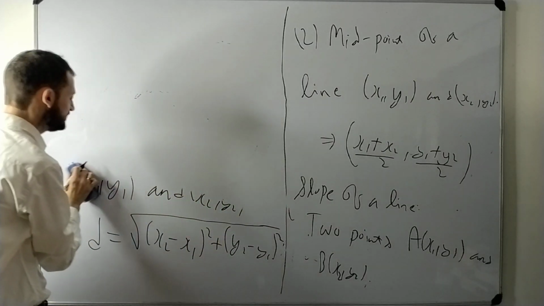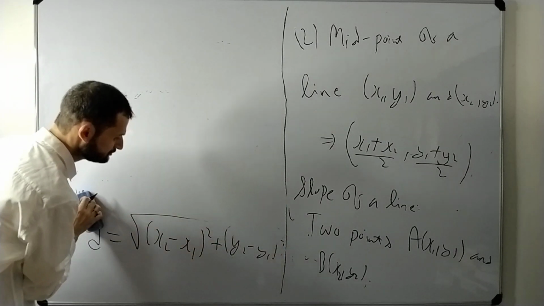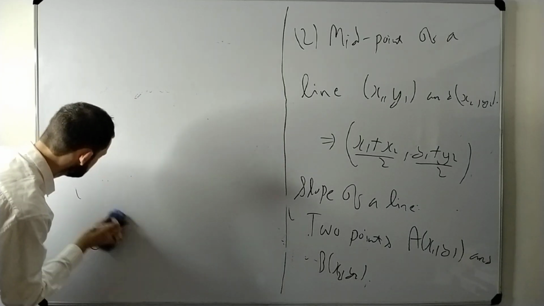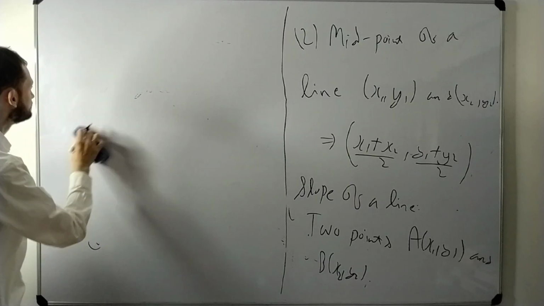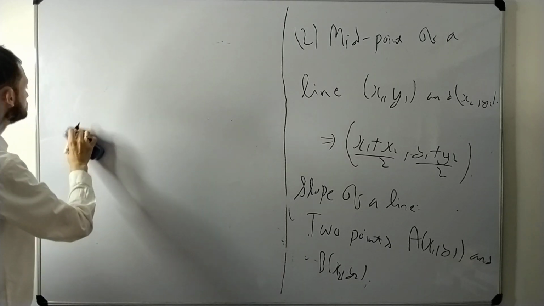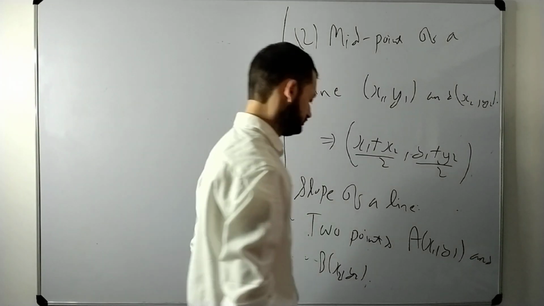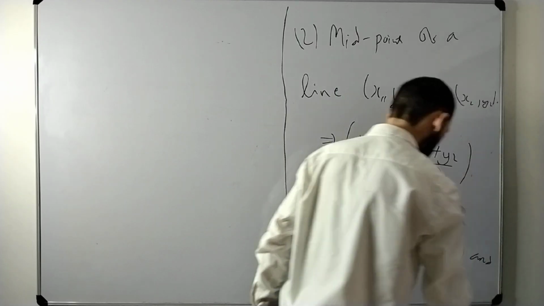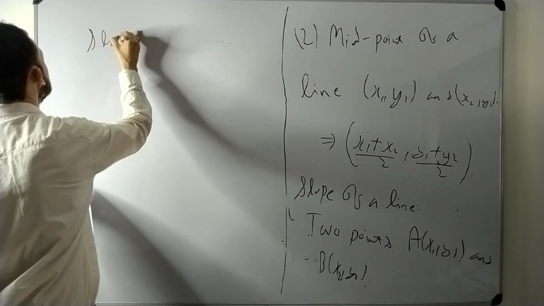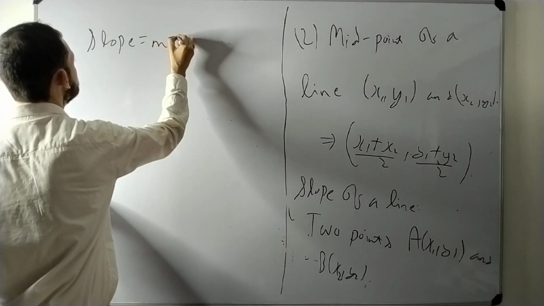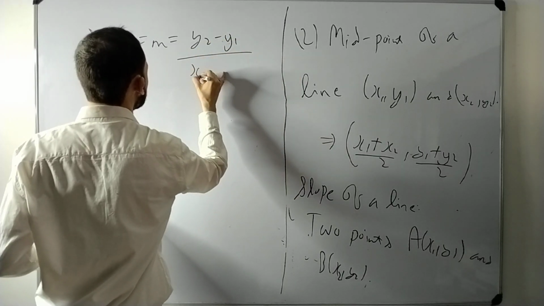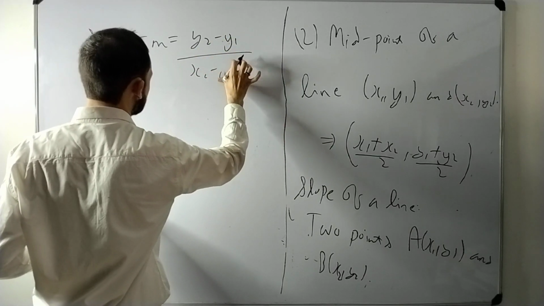Think of yourself, what could be the formula of slope? So the slope formula is m equals y2 minus y1 upon x2 minus x1.